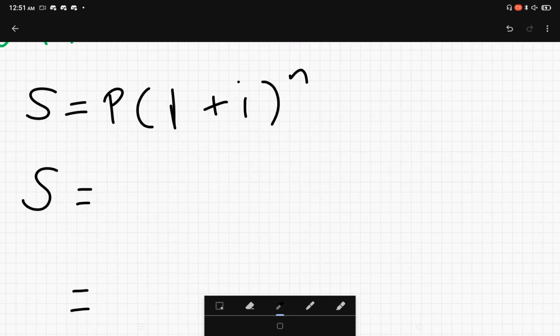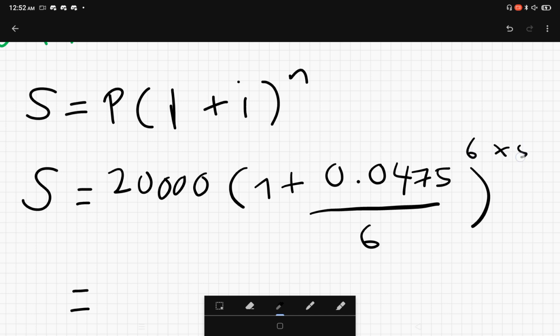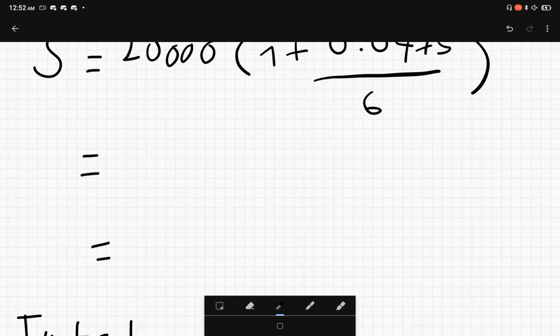In case study 1, we also use the same formula for Jaya Bank. So for the Jaya Bank, it is 4.75% per annum compounded every 2 months, which means it's 6 times per year. So for the calculation, S is 20,000 ringgit in bracket 1 plus 0.0475 divided by 6, in bracket the power of 6 times 5.